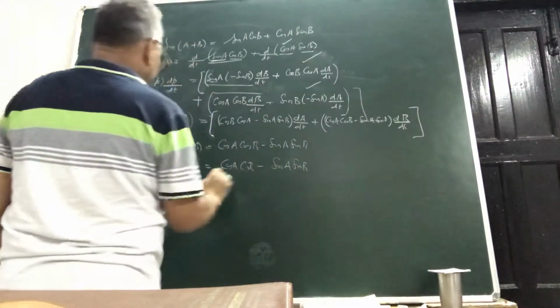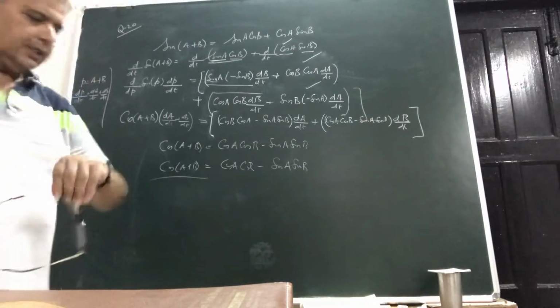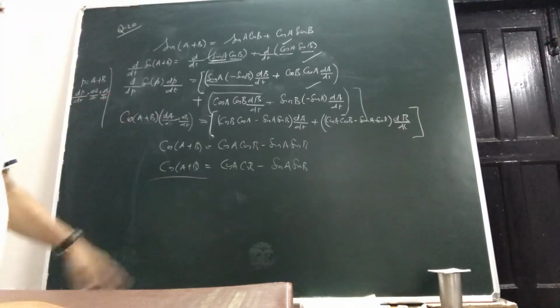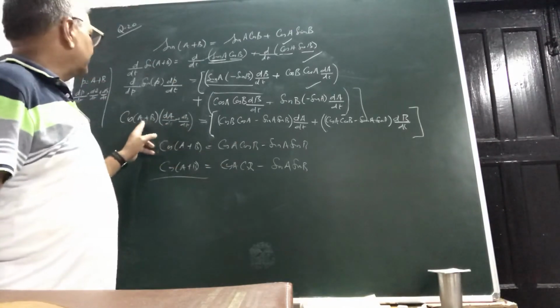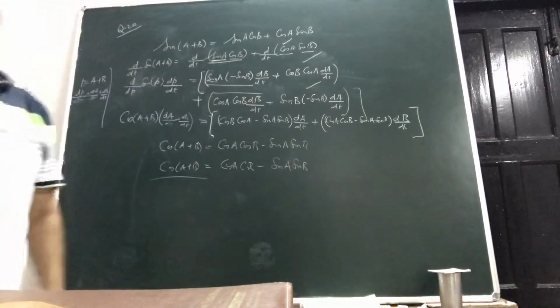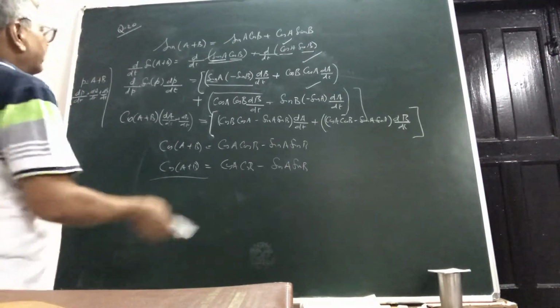This is how you do this particular question, finding the expansion of cos (A plus B) when sin (A plus B) has been given to you. This is how, making use of differentiation, you can find it.